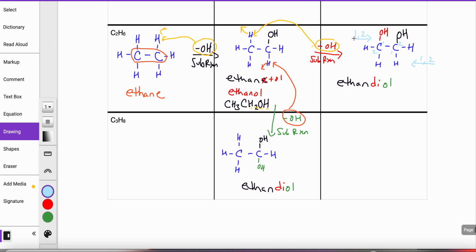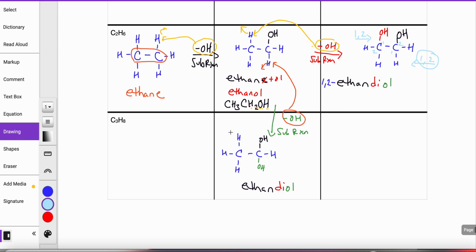So in this one, whether you look at left to right or right back to left, you come up with the same number designation. So here we go. Out in front of this ethanediol, we have to put, because there are 2 OLs, we need 2 designation numbers. So we put 1, 2 ethanediol.